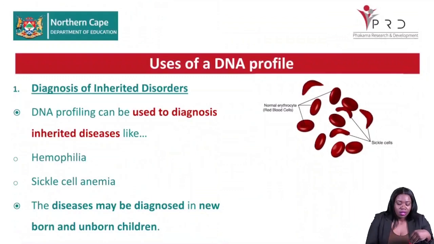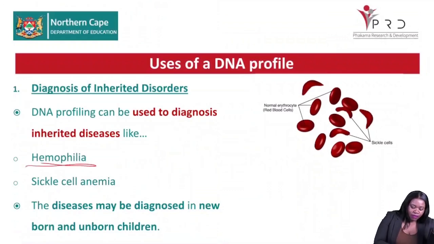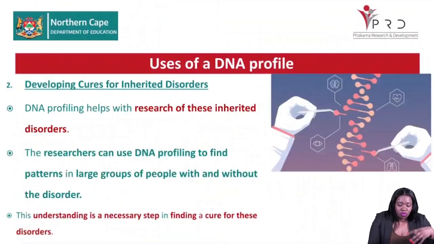Okay, so with diagnosing of inherited disorders, the DNA profile is used in the case of diseases such as hemophilia as well as sickle cell anemia, and the diseases may be diagnosed in newborn babies as well as in unborn babies. So this can be done in newborn babies and also in unborn babies, right?